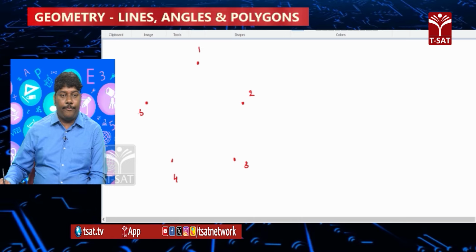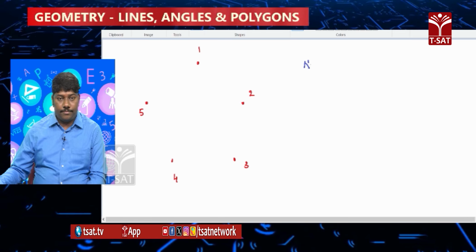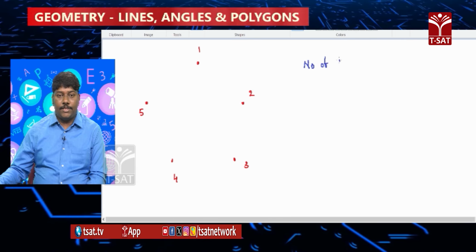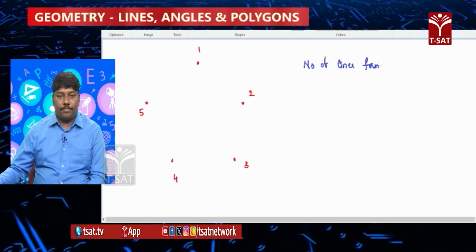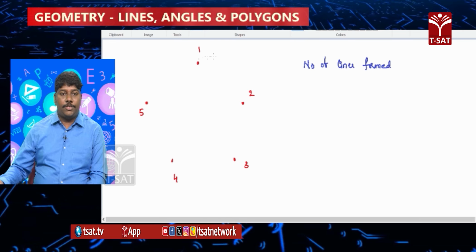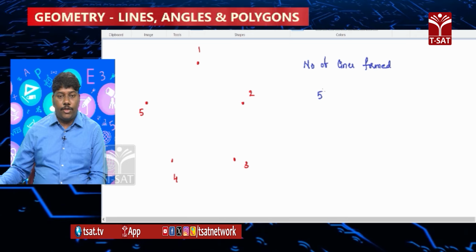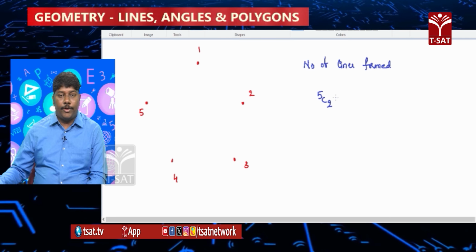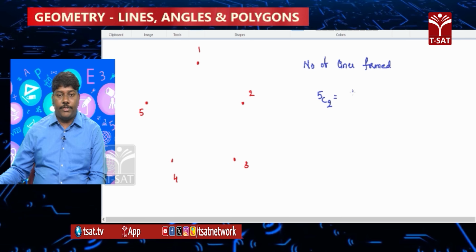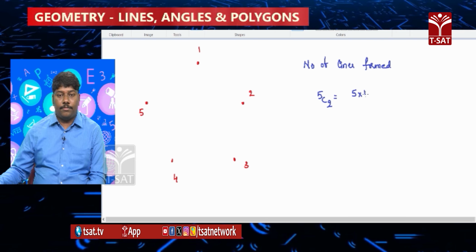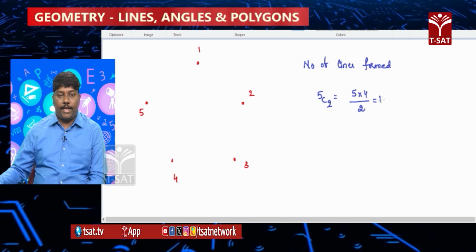By using 5 points, how many lines can we form? 5C2. You just need to select 2 points out of 5 points because a line needs 2 points. 5C2 is 5 into 4 divided by 2, which equals 10 lines.